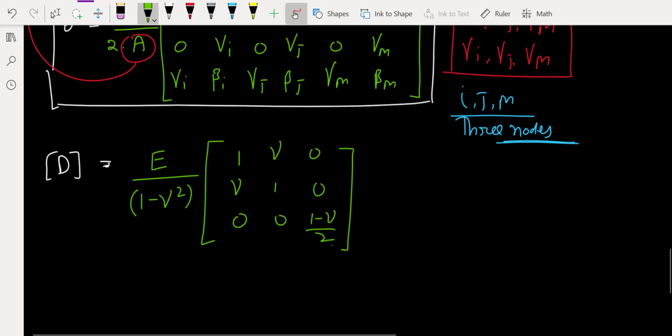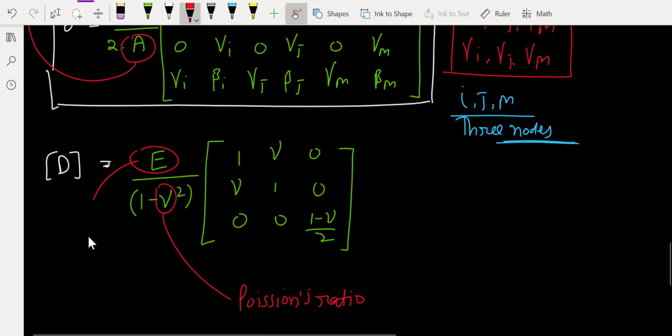Here in this matrix, nu is Poisson's ratio, and E is Young's modulus. And this is again the same information as here.